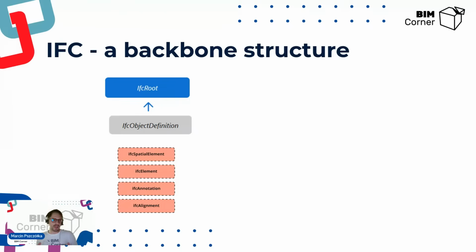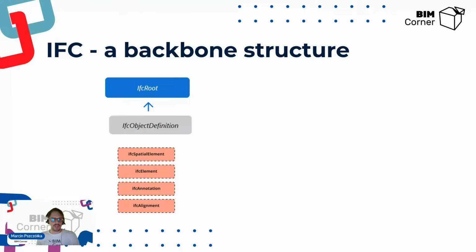We have a spatial element, and this is, for example, building story, site, road parts, everything that could contain some other objects. Then we have another group, called IFC element. And here you can easily find objects like IFC wall, IFC column, IFC distribution chamber, all these objects that also have geometry in addition.